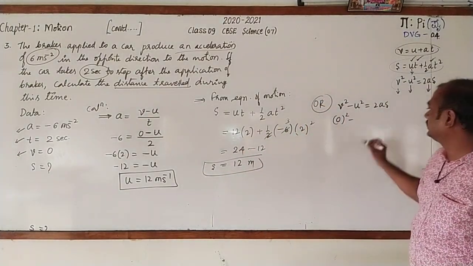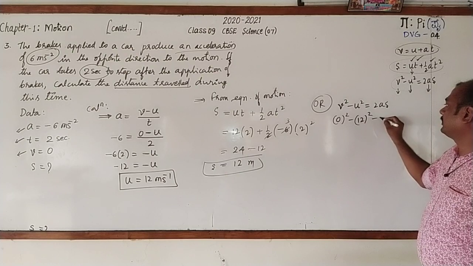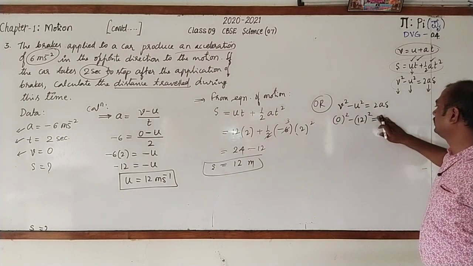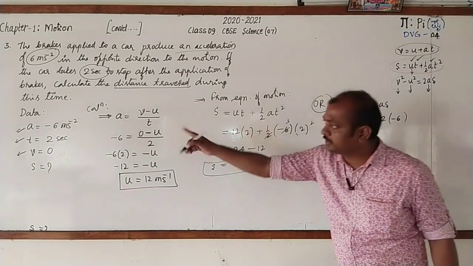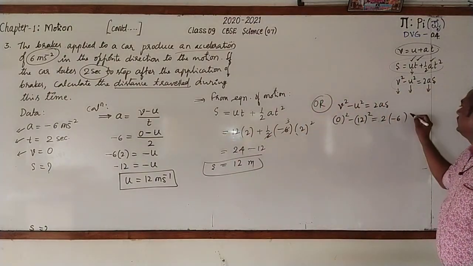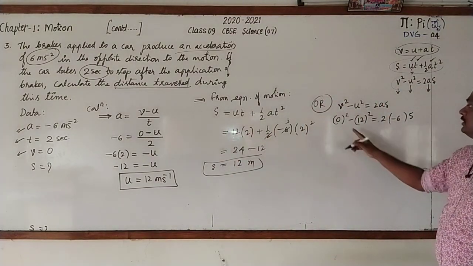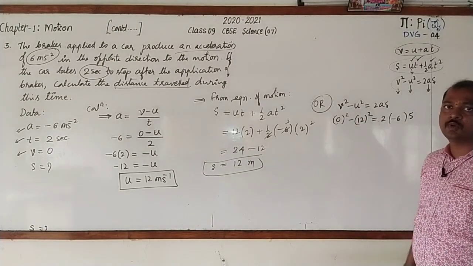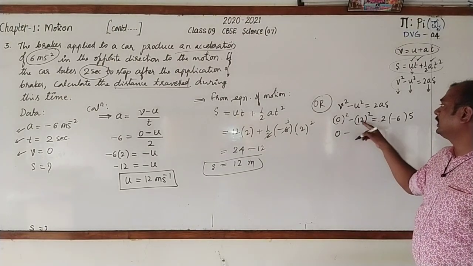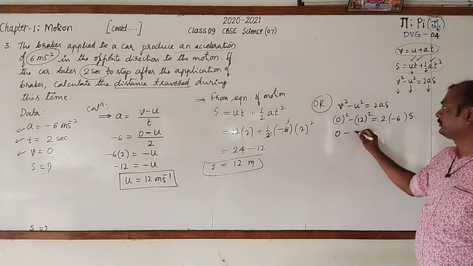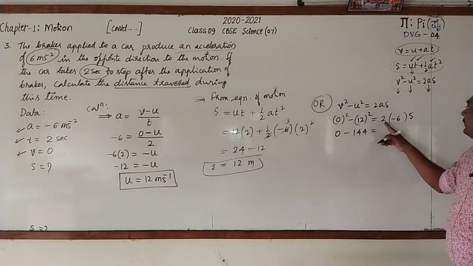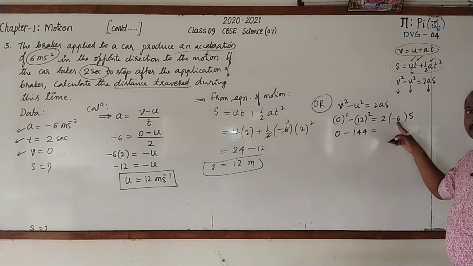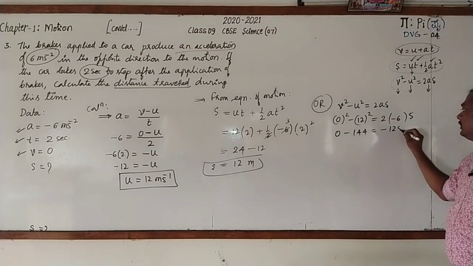We have found out that it is 12 whole square equal to 2 into, what is a? a is minus 6. 0 whole square, 0 minus 12 whole square, it is 144. It's equal to 2 6s are 12, minus 12.